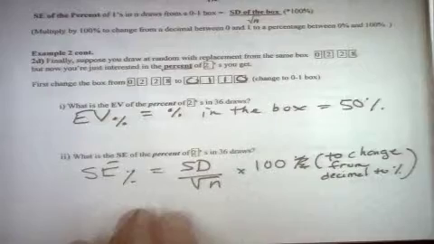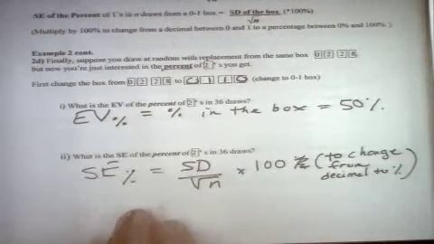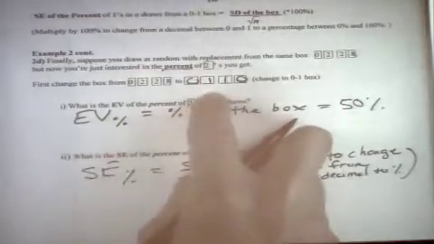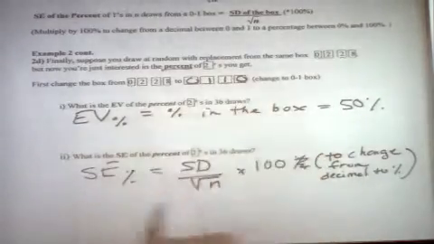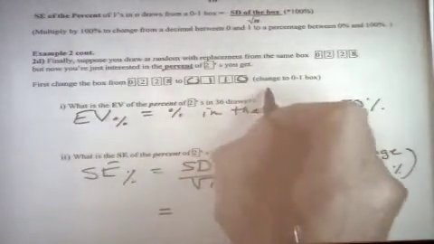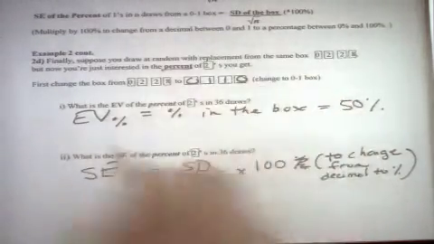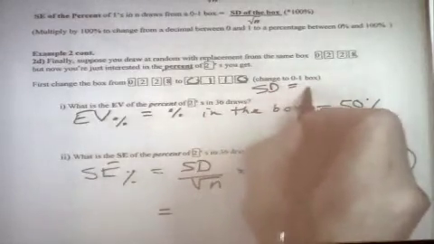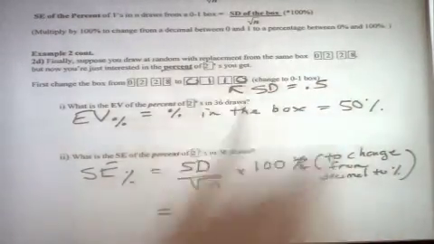So what should we do? Do we remember we're using this box here? We're going to say equals, remember this, the SD of the box here, SD is equal to 0.5 of that box.